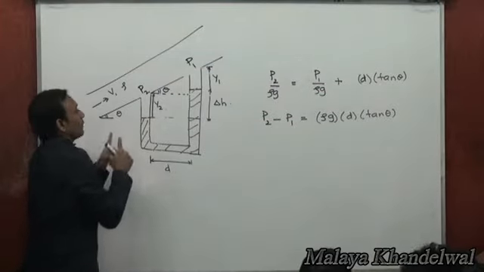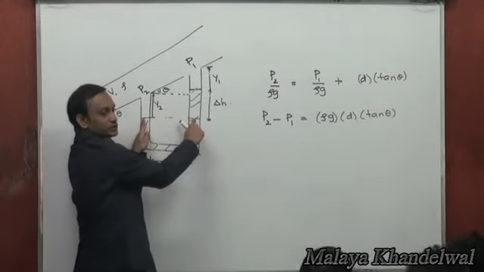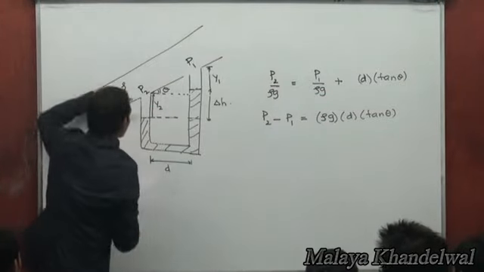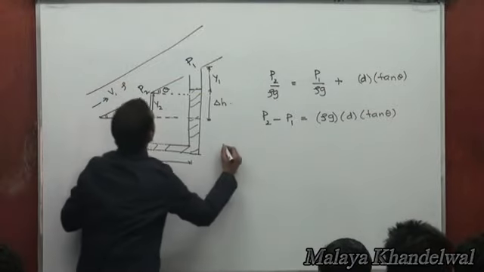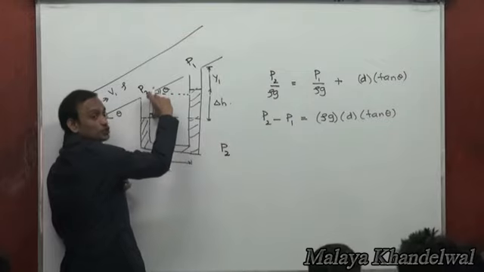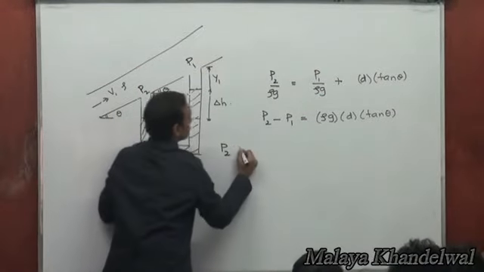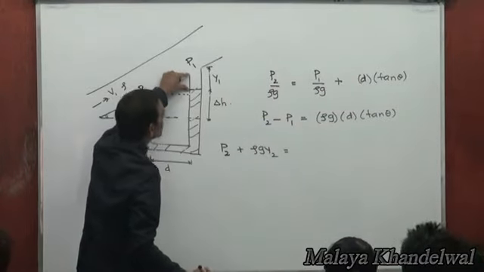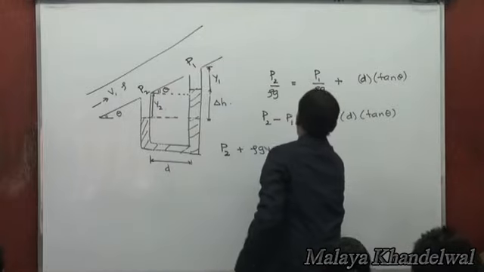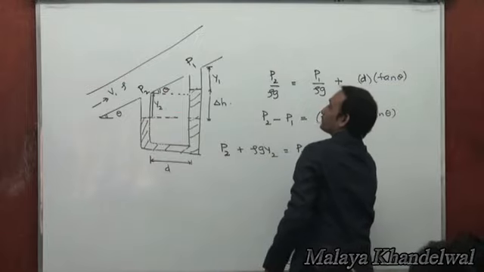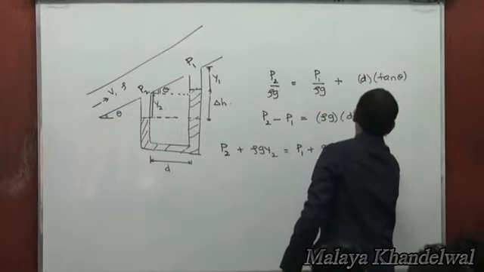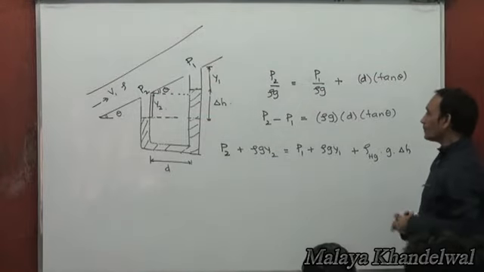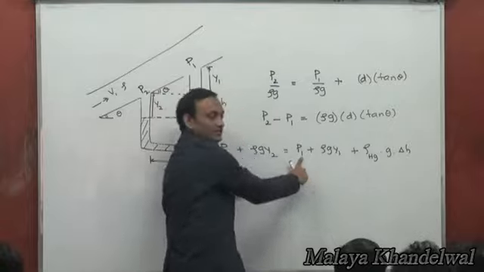Now, equating pressures at these 2 points along this dotted line, if I equate the pressure because of this and the pressure because of this, then at this point I have very clearly P2 plus rho g y2. That must be, now the pressure here, because of this y1 units of fluid, it's going to be P1 plus rho g y1 plus rho mercury g into delta H. And from this, I can obtain my P2 minus P1.